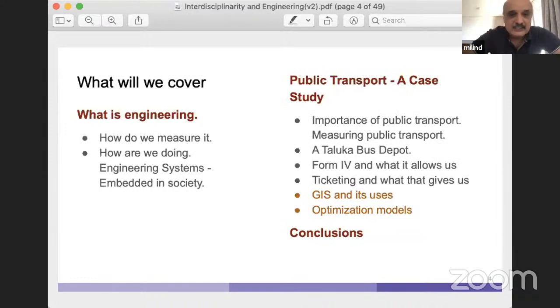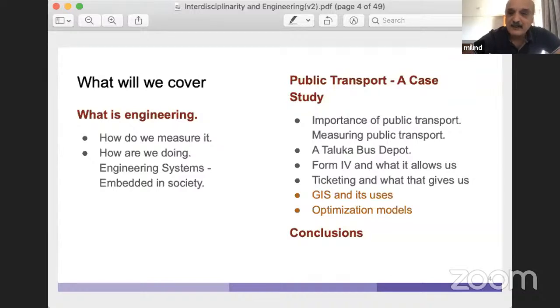What we will cover is, of course, what is engineering? How do we measure it? What are its impacts on society? We will basically understand how engineering systems are embedded in society and their importance. In the public transport case study, I'm going to look at the importance of public transport and how to measure it. Then I'm going to look at an enterprise which actually delivers public transport, which is the Taluka Bus Depot.